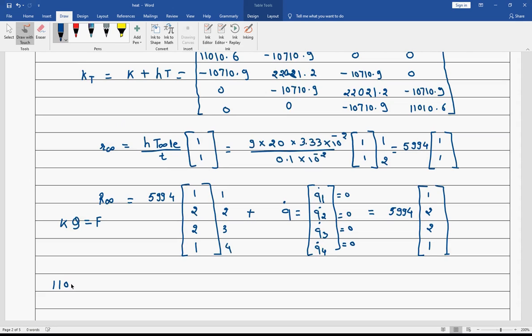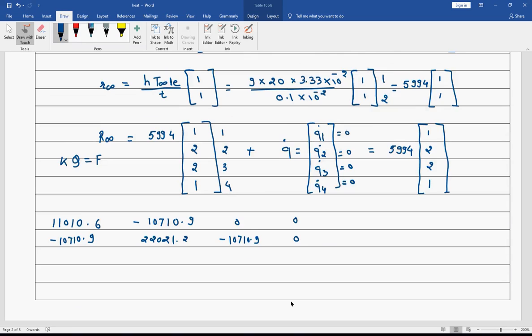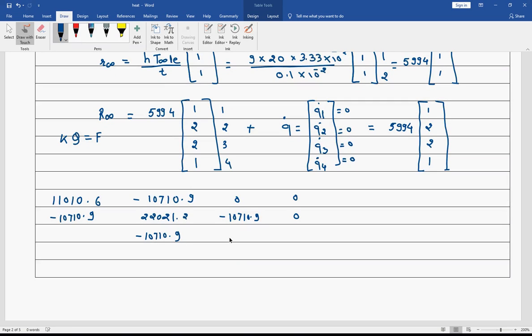So it is 11010.6 minus 10710.9, 0, minus 10710.9, and here in this case 22021.2 minus 10710.9, 0, minus 10710.9, then 22021.2 minus 10710.9 minus 10710.9 and 11010.6. This is my K.